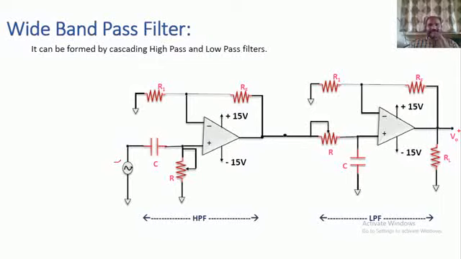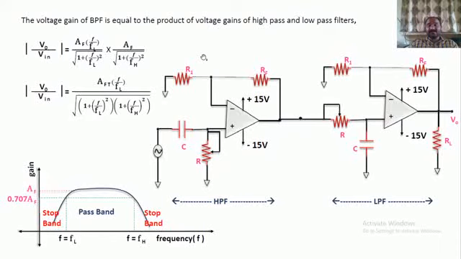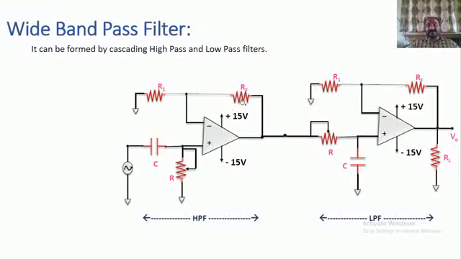So a band pass filter is a combination of the high pass filter and the low pass filter, or simply a high pass filter followed by a low pass filter, cascaded in such a way that they give the band pass filter response. Here we are taking first order high pass and low pass filters in constructing the band pass filter.